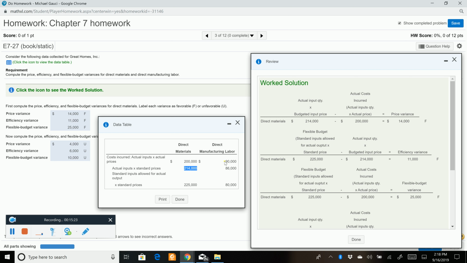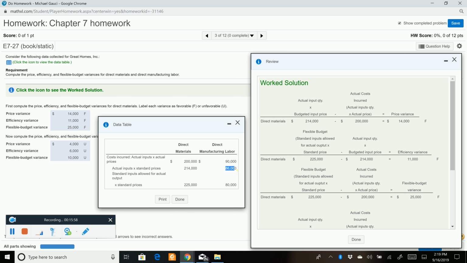The difference between the actual labor, which is $90,000, and the flex budget for this level of activity, $80,000, is the overall flex budget variance of $10,000. And it's unfavorable because the budget is less than what we actually incurred, $90,000. Now, once again, breaking up this flex budget variance into two pieces, we're going to throw in this middle column.